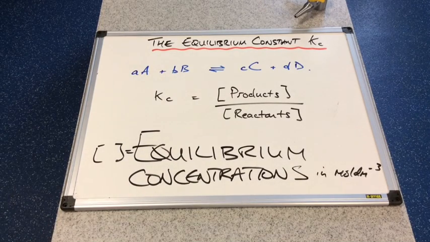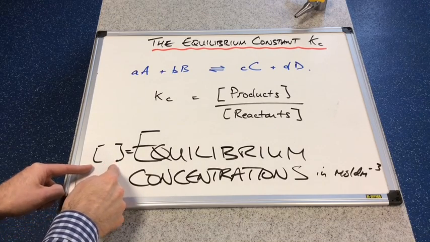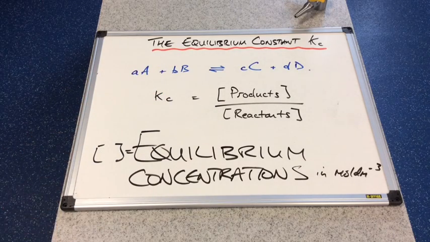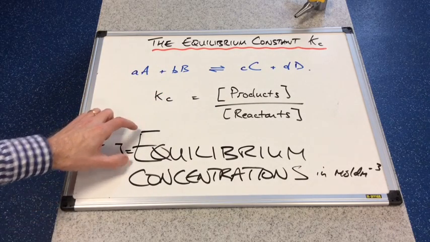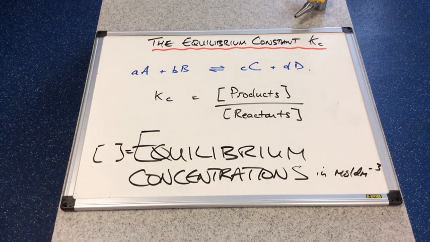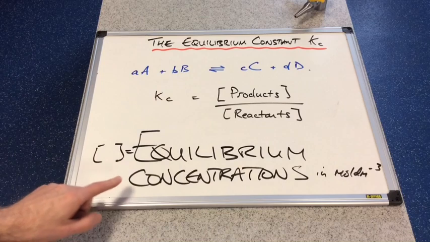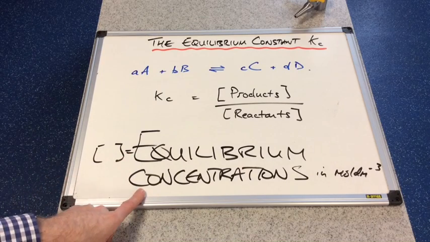And as you'll see when we start looking at calculations, these square brackets there, what does that stand for? It stands for the equilibrium concentrations, and that's obviously measured in moles per decimeter cubed. So this little c here stands for the equilibrium concentration.